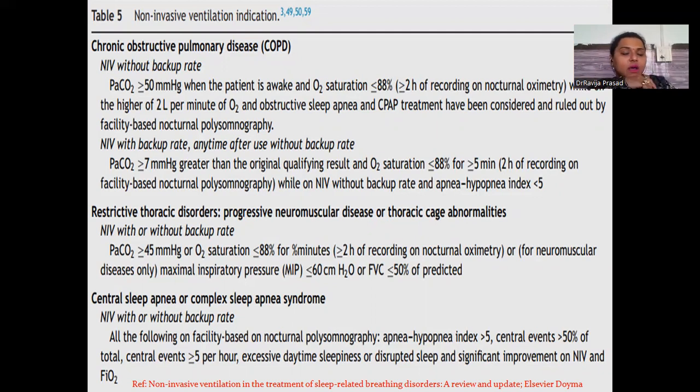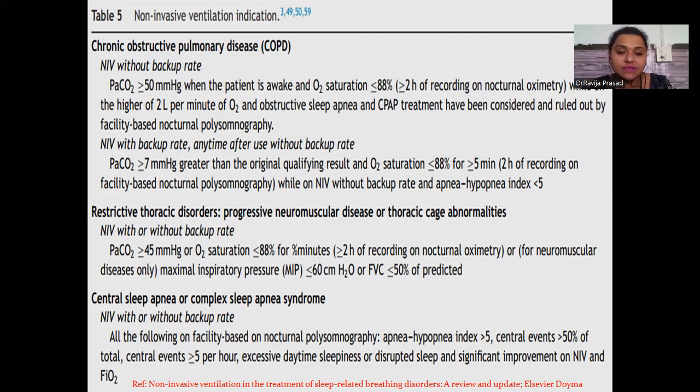indication needed in non-invasive ventilation is restrictive thoracic disorder, that is progressive neuromuscular diseases or thoracic cage abnormalities, in which you can need NIV with or without backup rate. In this, PaCO2 would be greater than or equal to 45 mmHg, or O2 saturation is less than or equal to 88%.